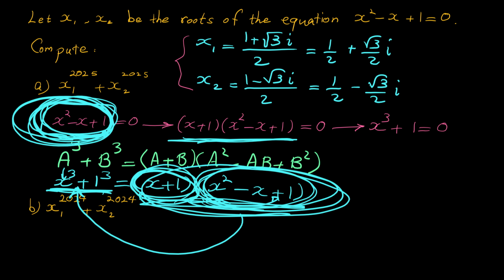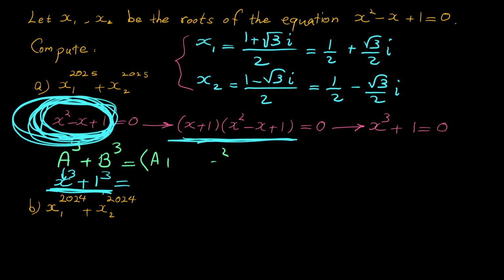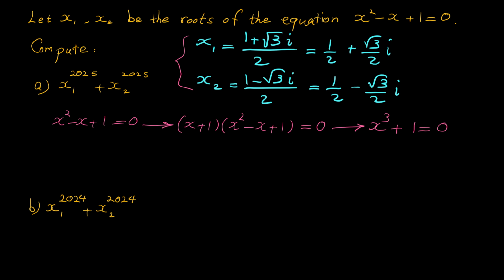This is the idea behind this multiplication. I know it's so tricky and it's really hard to guess this technique, but when you see the technique, you learn it and you can use it for other similar questions.